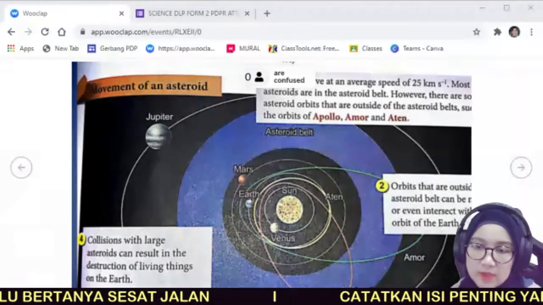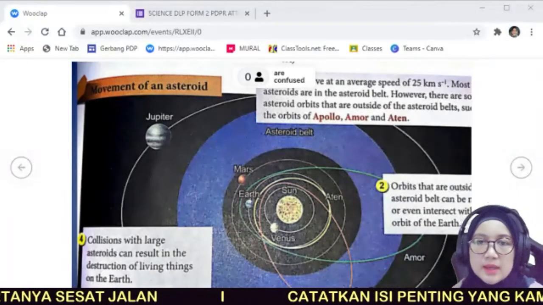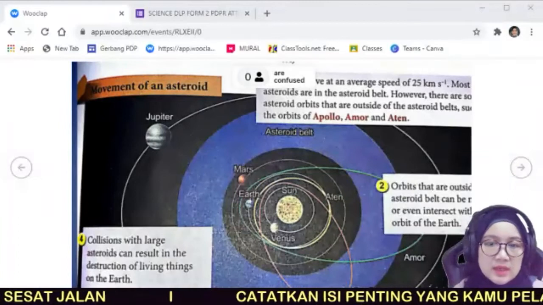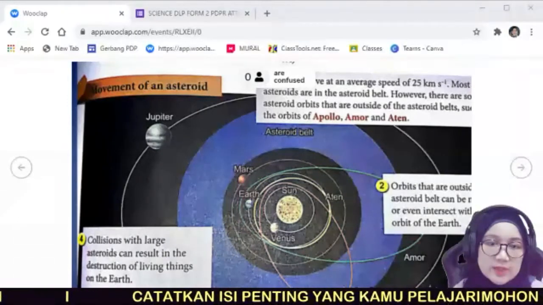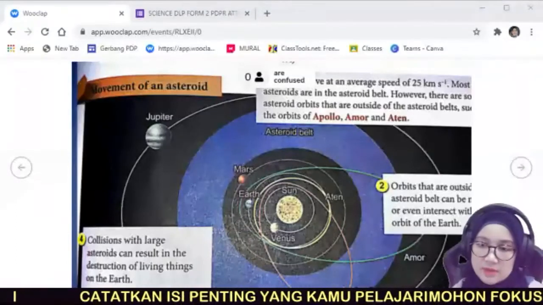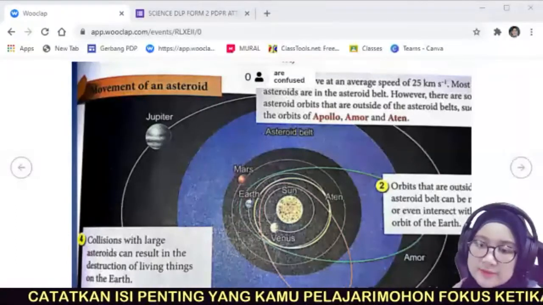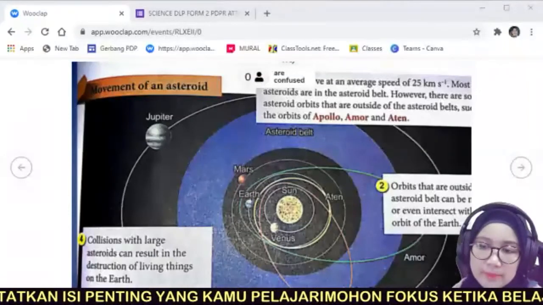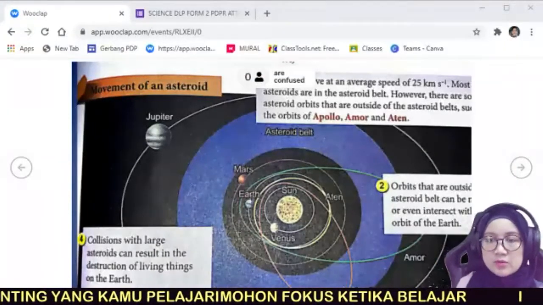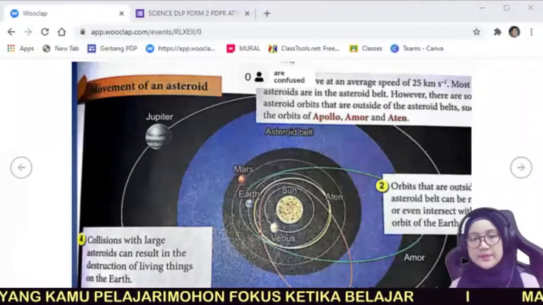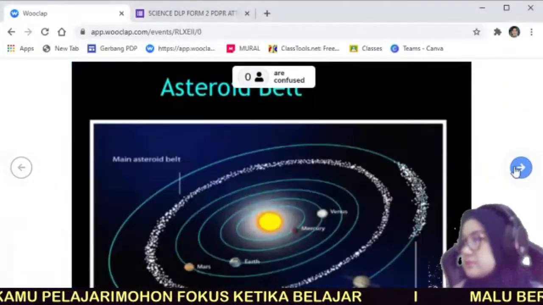So we have to go through by reading and also by exploring, by watching videos regarding this and so on. For those who are not interested in astronomy, they might find this topic so boring. Okay, next.